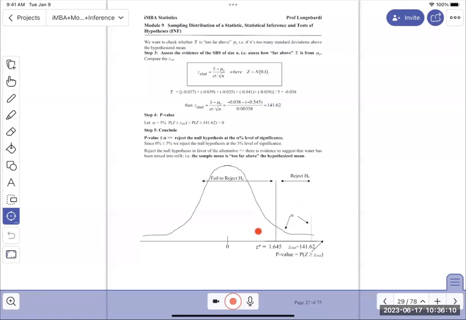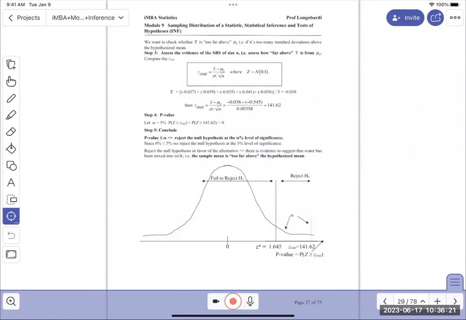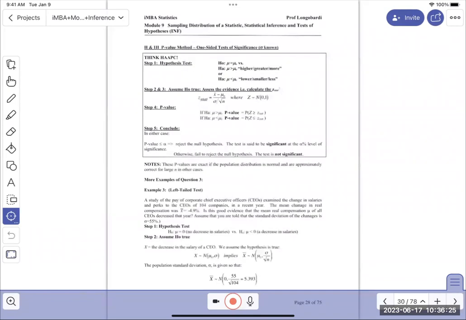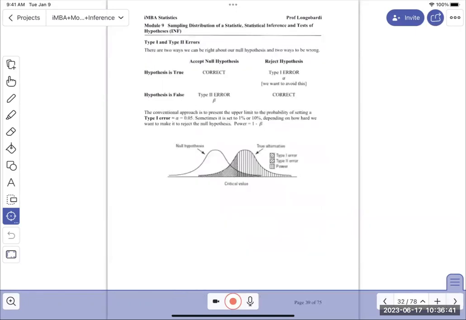And I have a drawing here of it. All right, so I'll let you do that one. Then this one is about a decrease in salaries. I'll let you do that one. Maybe we can do that one together.